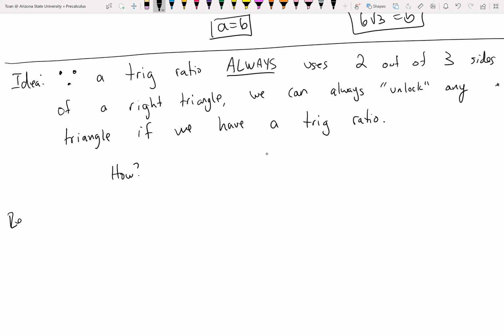Well, recall this very wonderful and oh so important theorem in the world of mathematics, in the world of geometry. That is Pythagoras' theorem.